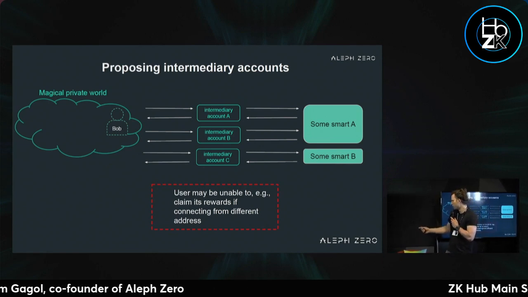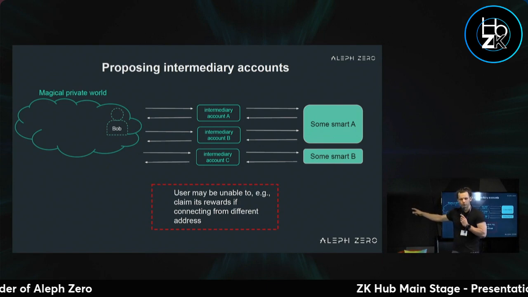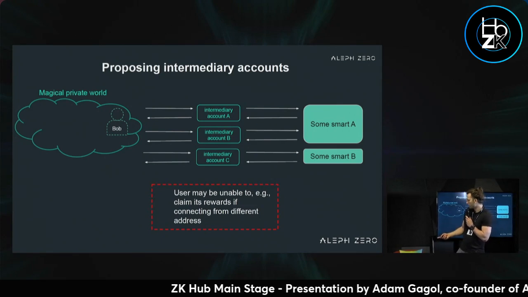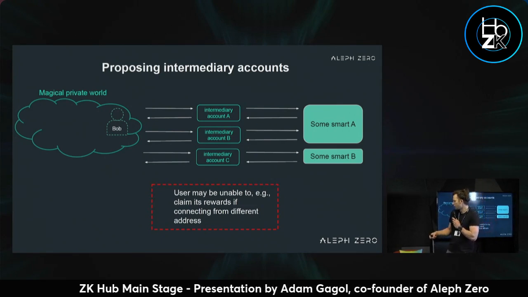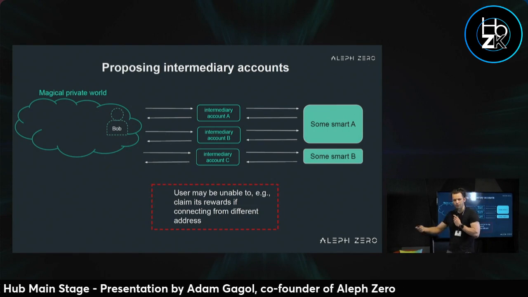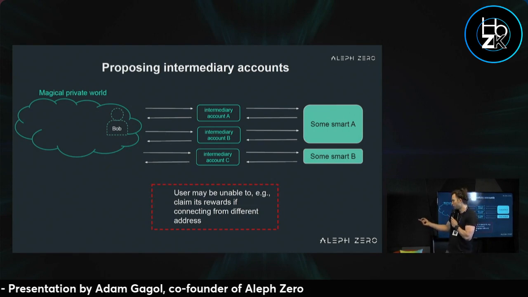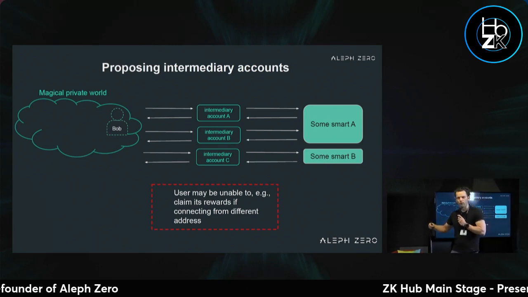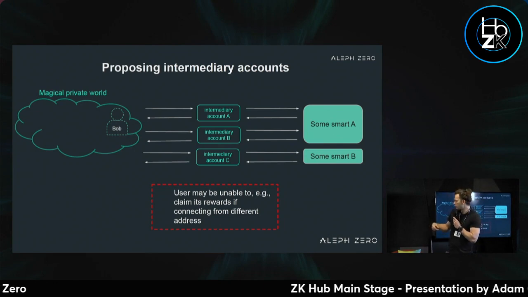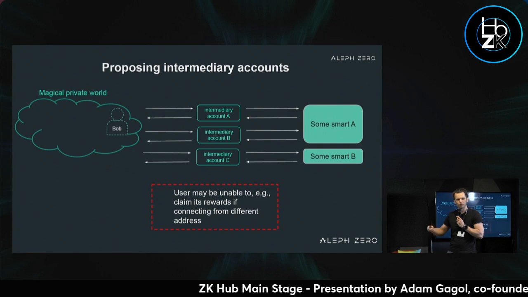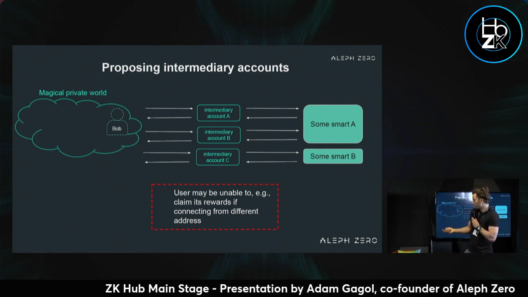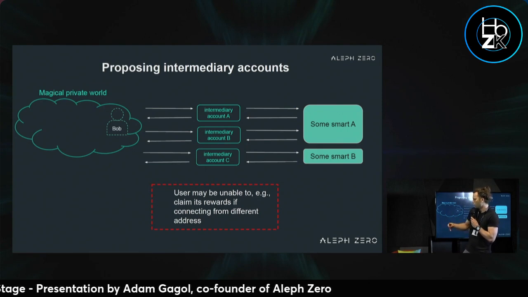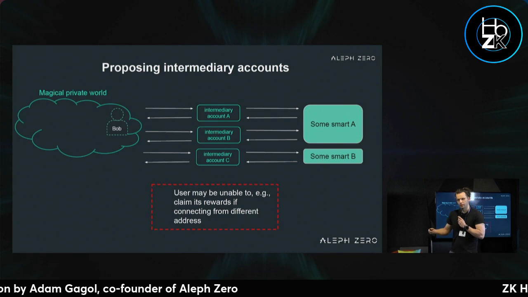For example, if the first interaction with smart contract A was depositing some funds, and in the second interaction the user was aiming to claim some rewards, this may not be possible. I mean, these rewards can be assigned to intermediary account A. So the wallet needs to somehow predict what kind of action the user is doing, which is very unfortunate because that means we need to expose some kind of decision to the user.